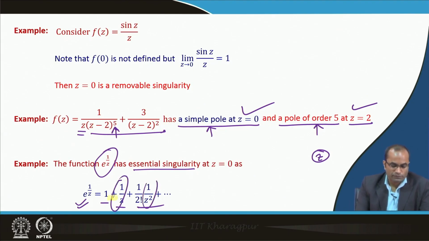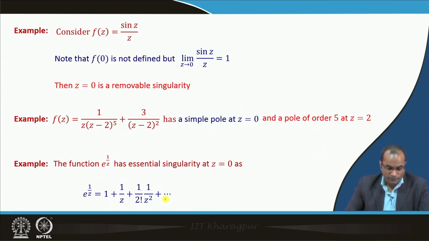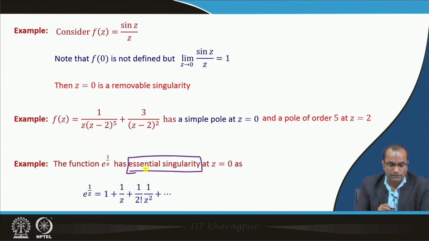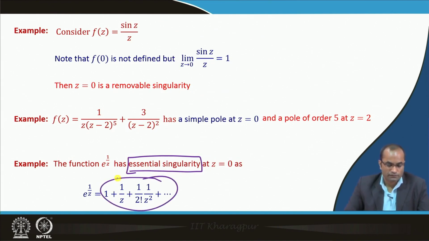So, the principal part has infinitely many terms of 1 over z, and therefore, z equal to 0 is the essential singularity. In this case, we do not have to check with any limiting case whether it can be a pole or anything, that is not possible. So, here it is an essential singularity.